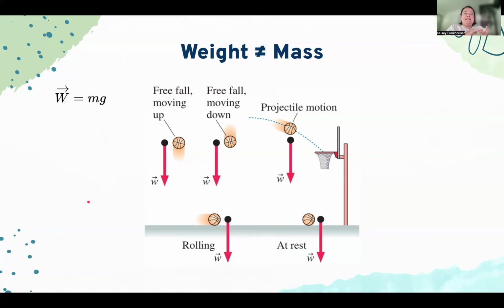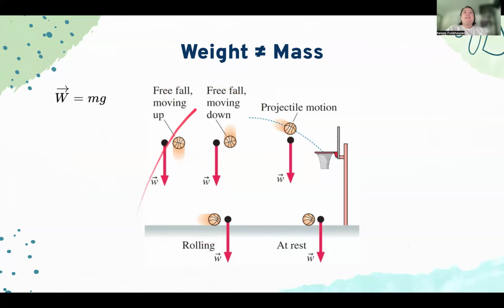But weight depends on both the mass of the object and the local gravitational force. For example, a basketball that we take from Earth to the moon is going to have the same mass on Earth as on the moon, but a different weight because gravity is different on the moon than on Earth. Weight is given by W = mg, with M for mass and G for acceleration due to gravity, which you're familiar with now.